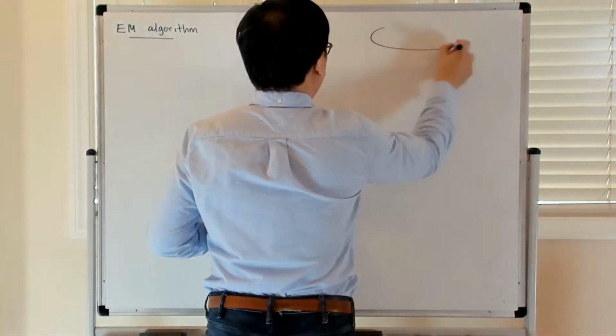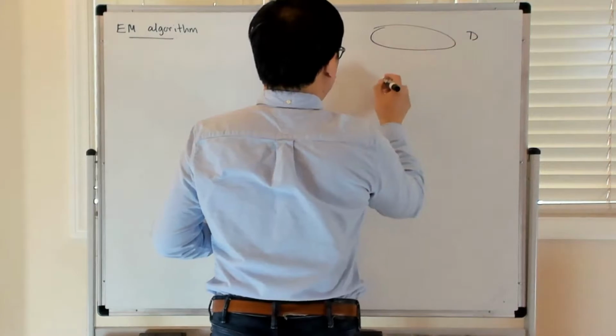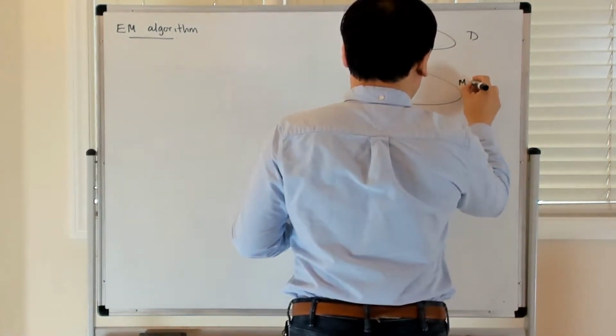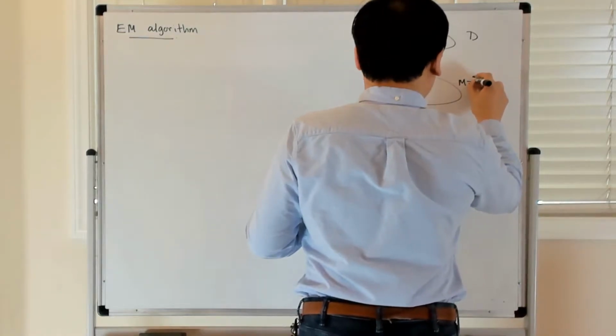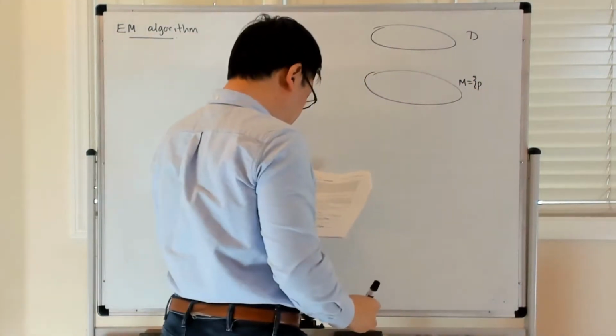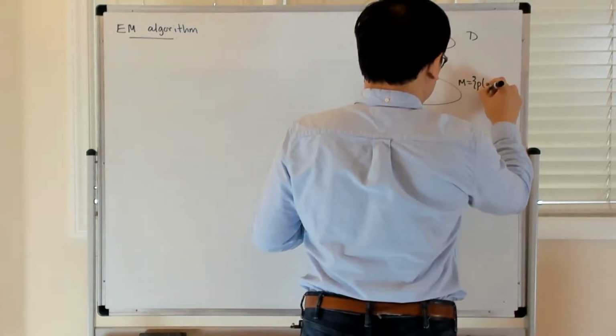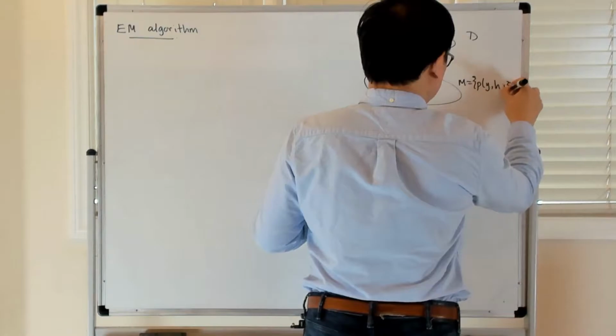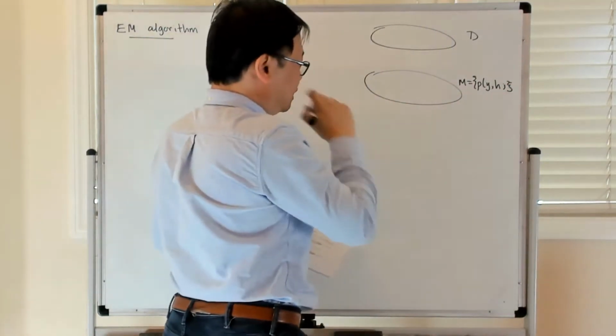You have a data manifold, and then you have some model space. So the model space is given by probability distributions, which depend on the observable y, the hidden variable h, and then parametrically depends on this c.